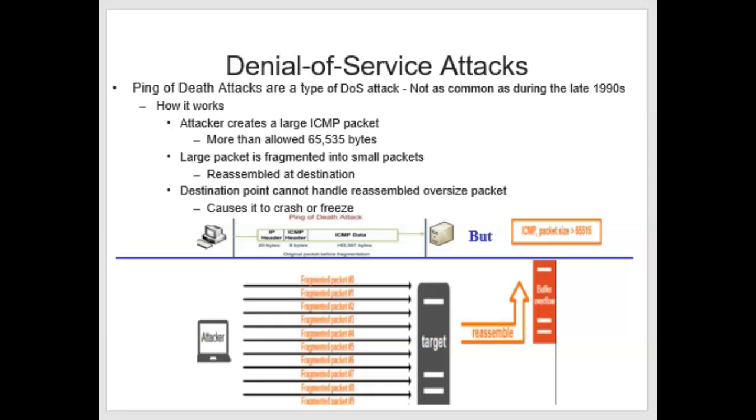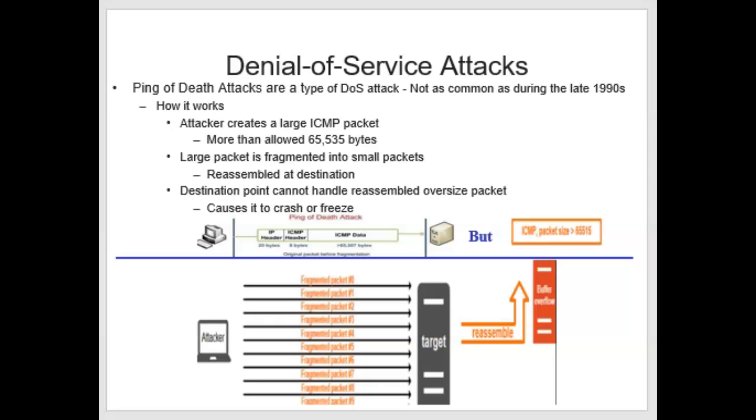So the ping of death is a type of attack that comes here in denial of service. It's not as common as it was during the 1990s, right? But related to this, which is more prevalent and common today, is an ICMP flood attack, which I'm showing on the screen. Here's how it works. It's an old but useful example of a denial of service attack, right?